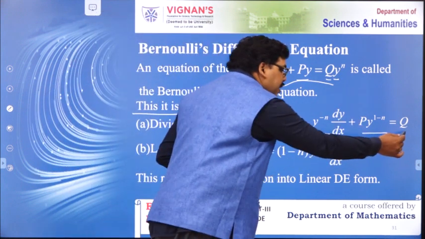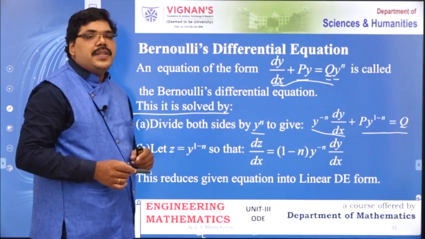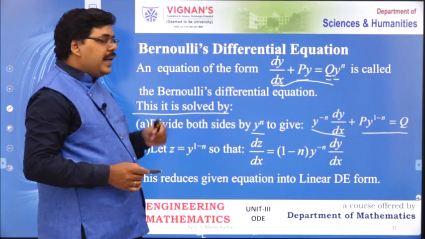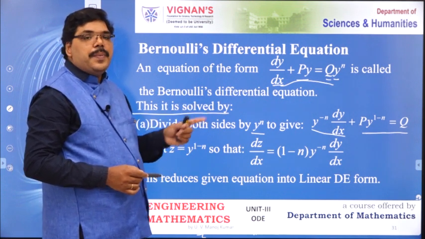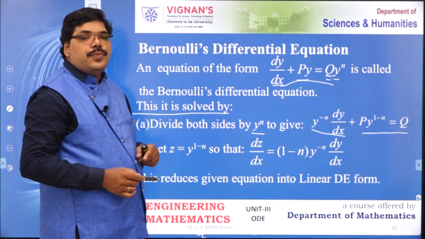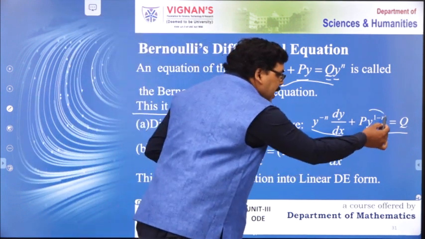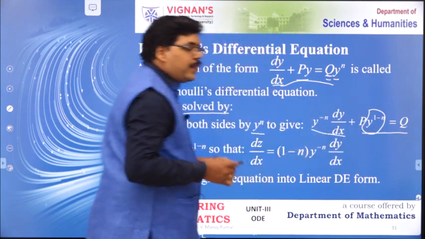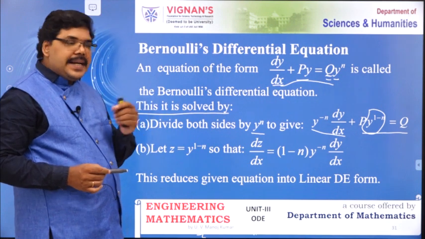So, when you divide the given differential equation by y power n on both sides, we get y power minus n into dy by dx plus p into y power 1 minus n equals q. Then you substitute the coefficient of p as z.